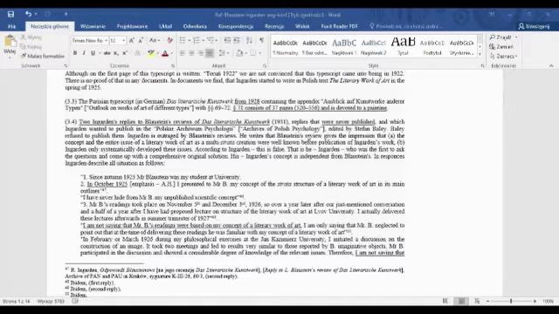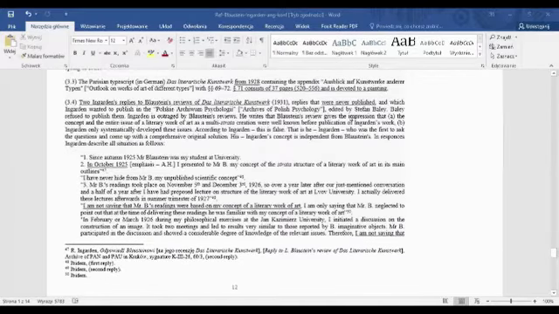In responses, Ingarden described all situation as follows. Since autumn 1925, Mr. Blaustein was my student at university. In October 1925, I presented to Mr. B my concept of the strata structure of a literary work of art in its main outlines. I have never hid from Mr. B my unpublished scientific concept.